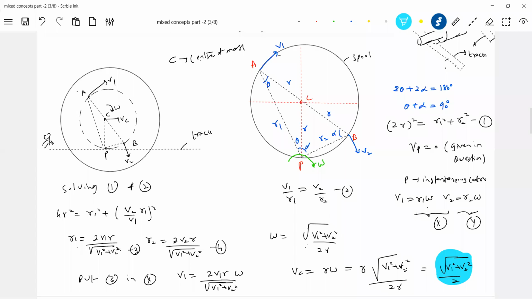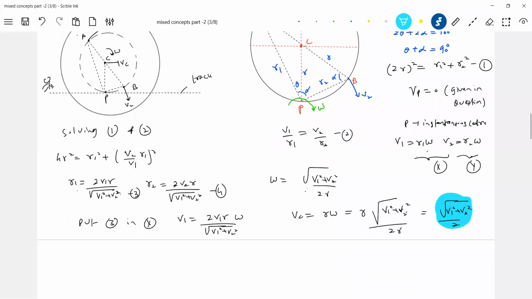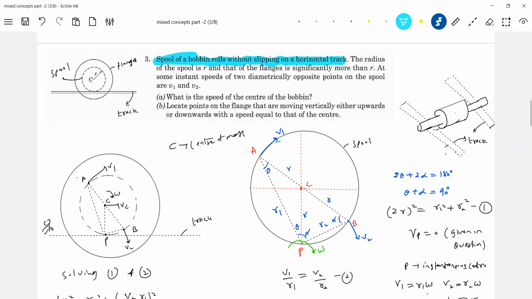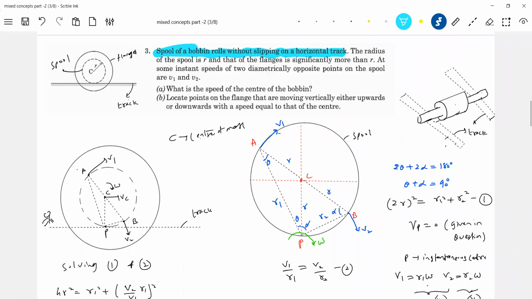Okay, fine. Next part of the problem. What is it asking? Locate points on the flange that are moving vertically, either upwards or downwards, with a speed equal to that of the center. So where do those points lie? That should be equal to that of the center. So is it possible to have such points?